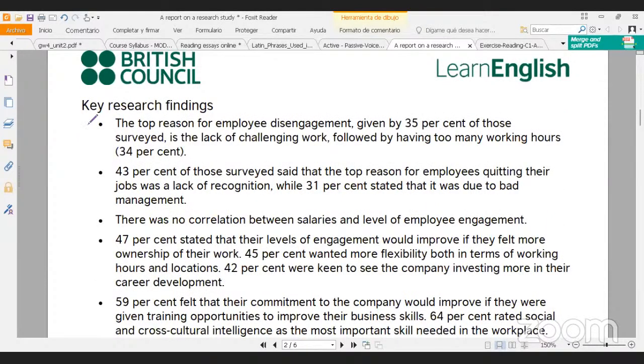Key research findings. Okay, Writer. The top reason for employee disengagement given by 35% of those surveyed is the lack of challenging work, followed by having too many working hours, 34%. 43% of those surveyed say that the top reason for employees quitting their jobs was a lack of recognition, while 31% stated that it was due to bad management.